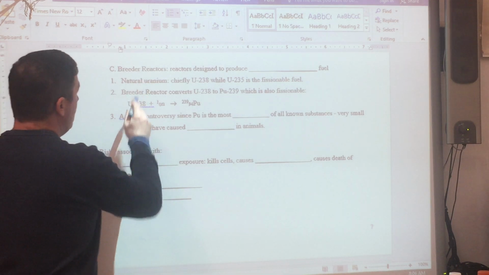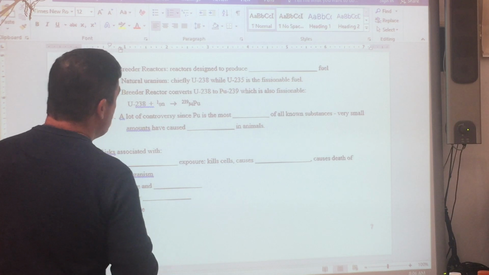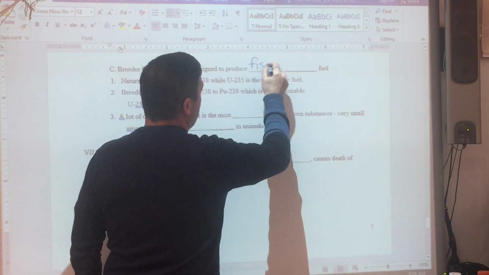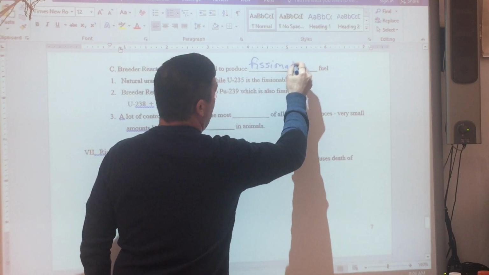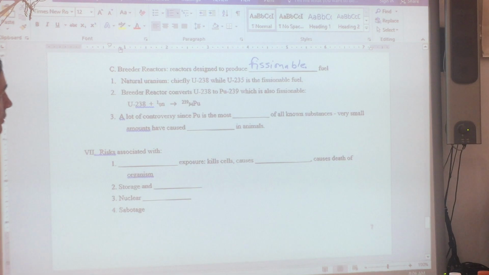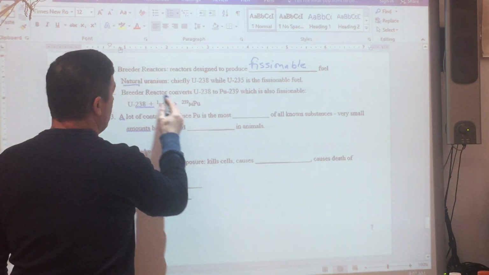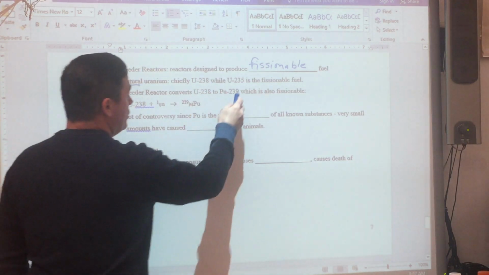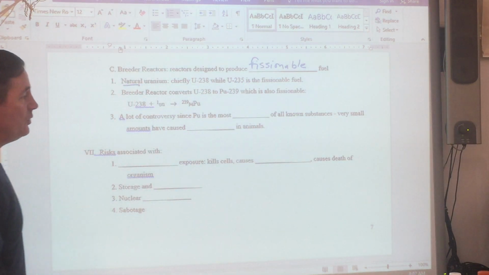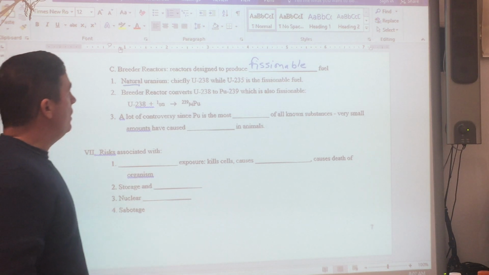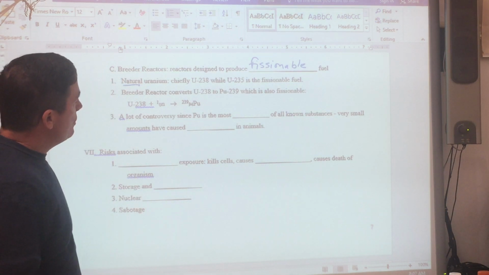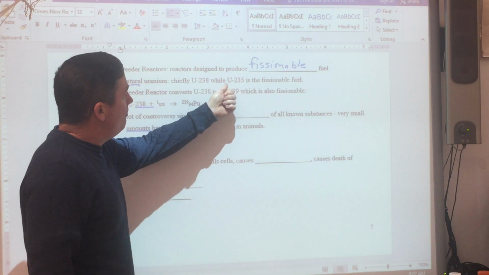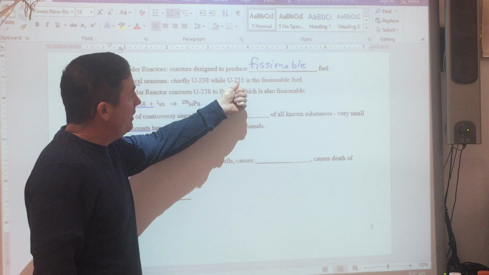Now, breeder reactors are reactors designed to produce fissionable fuel. Most of the uranium, natural uranium, 99% of it is 238, but 235 is the fissionable fuel. A breeder reactor is a little bit more efficient in that it doesn't have to have the pure 235 fissionable fuel.